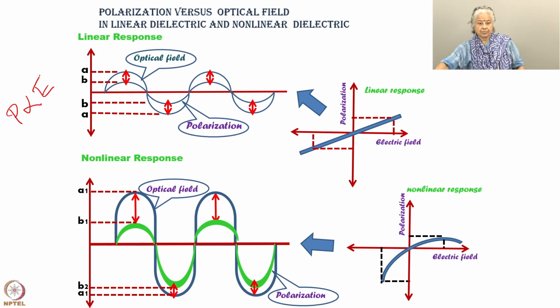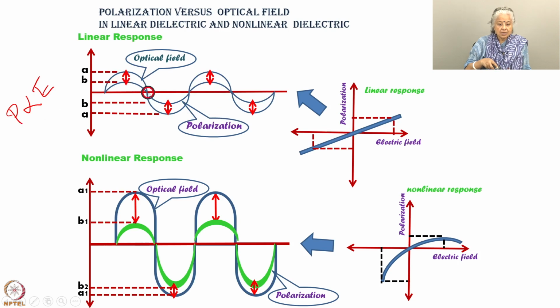Only E. So, that means the polarization sort of follows E, maybe the amplitude may be less, but it follows the same frequency, because the driving force for this P is the E. This is the driving electric field.